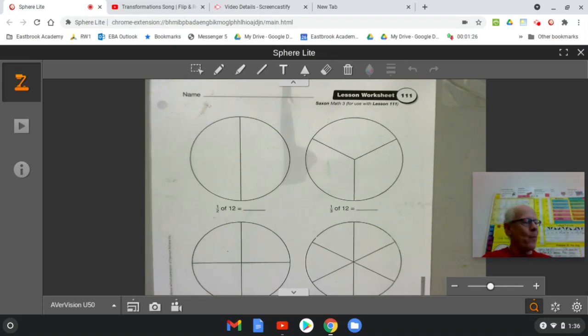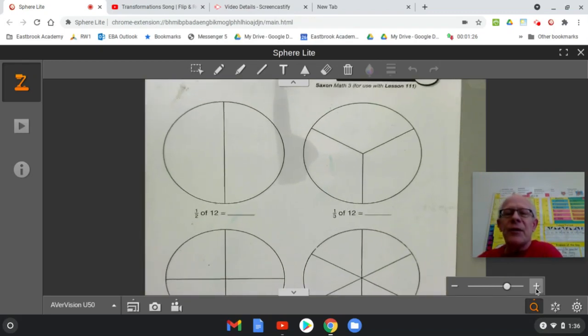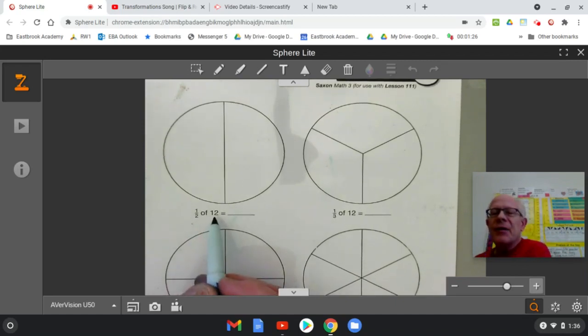I know you've done fractions before, so this shouldn't be too hard for us to do. First off, let me increase this a little bit. So, if I had a set of 12 items, 12 jelly beans, what would half of them be?